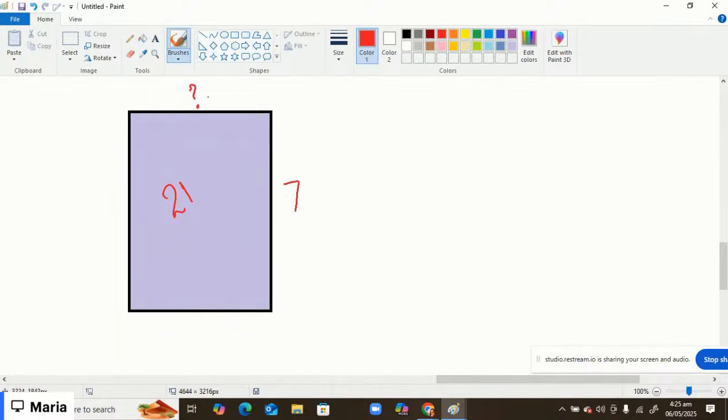Width is not given. So the area is given, which is 21. Length is given, that is 7. How can we find the width? Tell me everyone now.